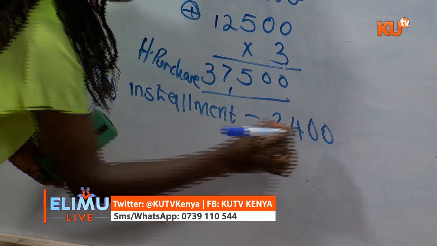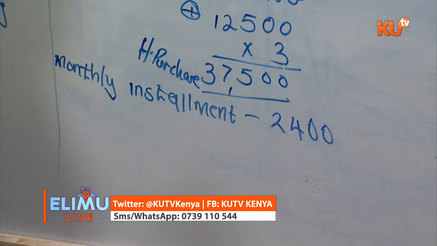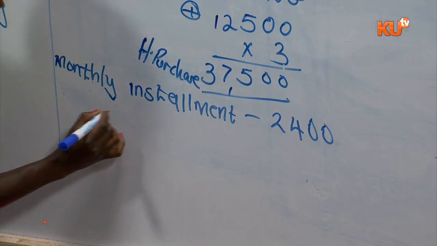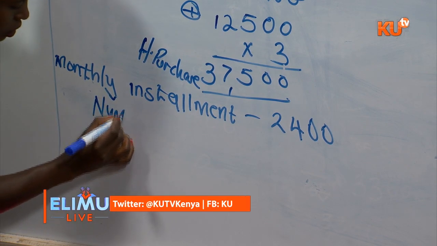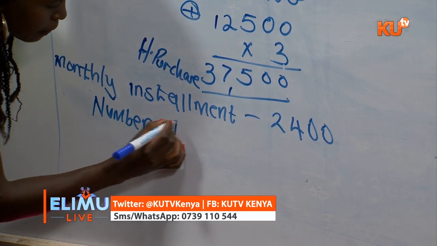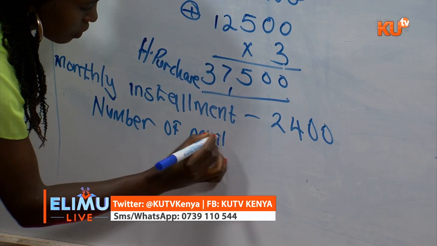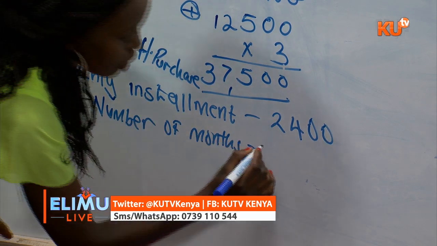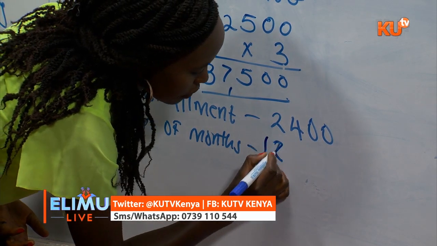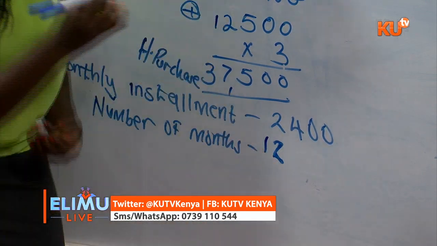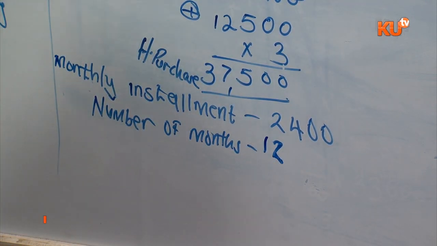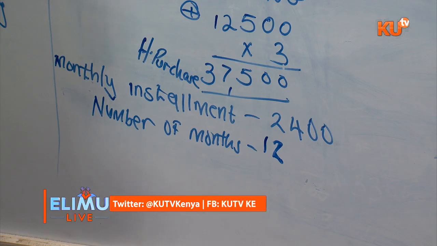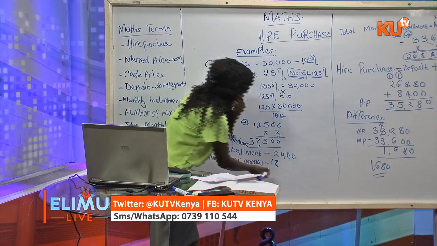And then we are told that he paid this for 1 year. So, number of months. A year has 12 months. So the number of months was 12. So he paid the 2,400 for 12 months.